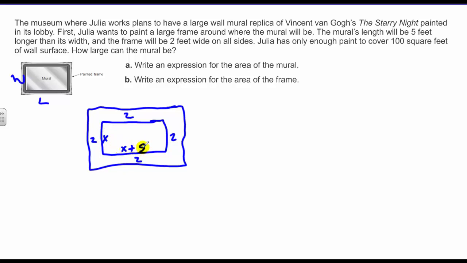And what we want to do is two things. We want to write an expression for the area of this mural, so of the picture itself. Well, area is length times width. So A: length times width is x times x plus 5. We can simply multiply those, which is x squared plus 5x.